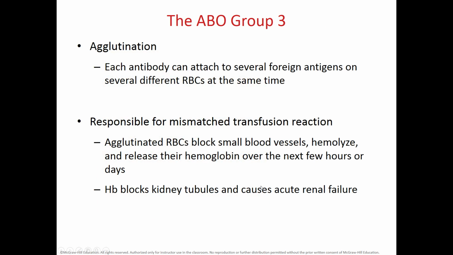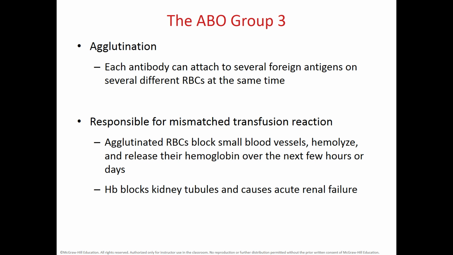In agglutination, each antibody can attach to several foreign antigens on several different red blood cells at the same time. That's why they are pentamers, because they can grab up to 5 erythrocytes.